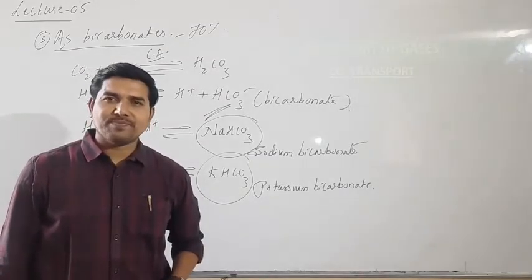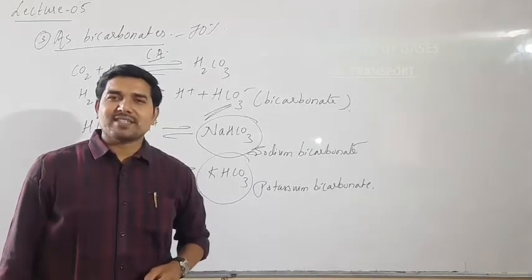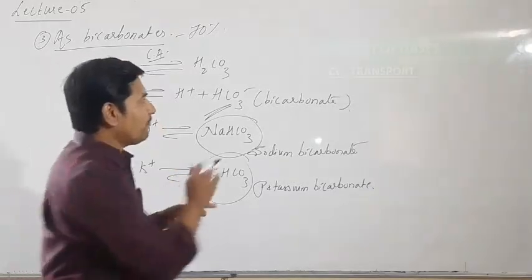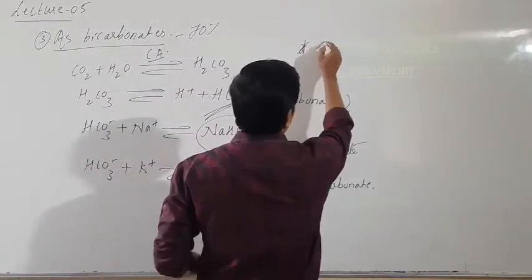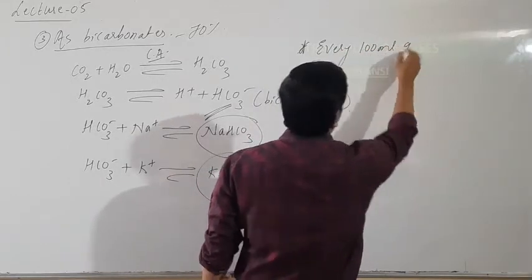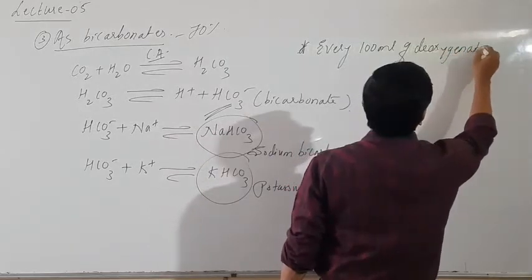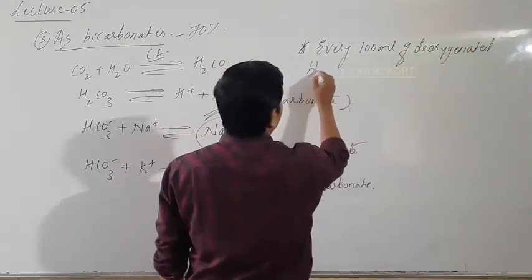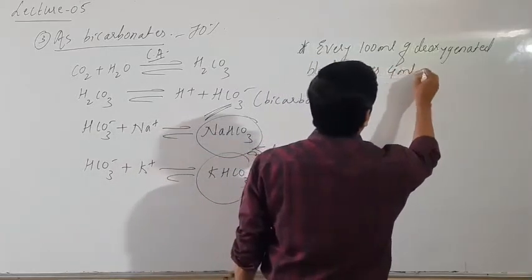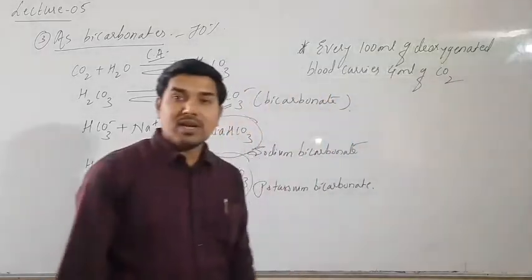Now the question comes, what is the amount of carbon dioxide that is transported from the tissues towards the lungs? Okay, we come across a statement that every 100 ml of deoxygenated blood carries 4 ml of carbon dioxide to the lungs.